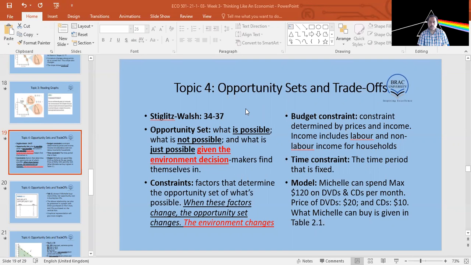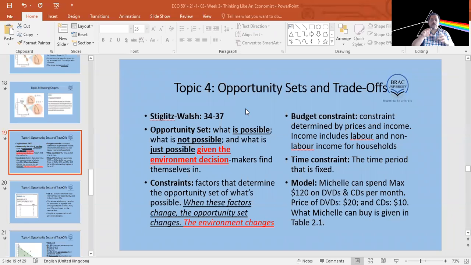So firstly, what is an opportunity set? As the term shows, an opportunity set is a set that tells us what opportunities we have. If you are familiar with high school mathematics, you may be familiar with the concept of a set and a complement set.